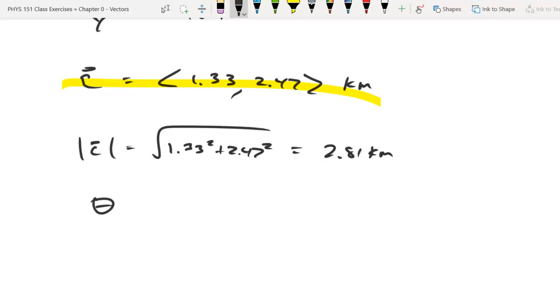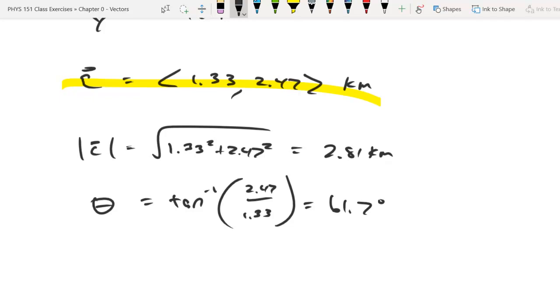And then the angle that she'll need to travel will be the arctan of this 2.47 over 1.33, and that comes out to 61.7 degrees. In standard position, right? I guess I could call it north of east. Let me write out the whole thing.